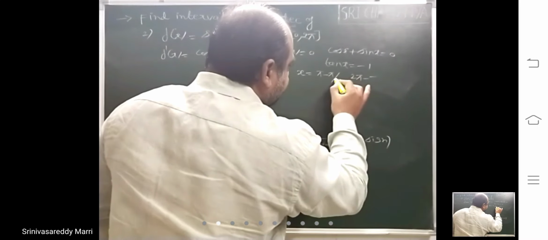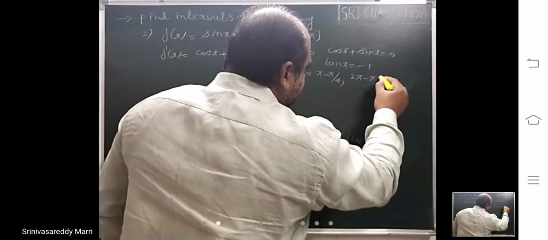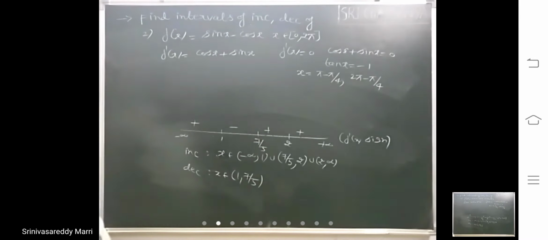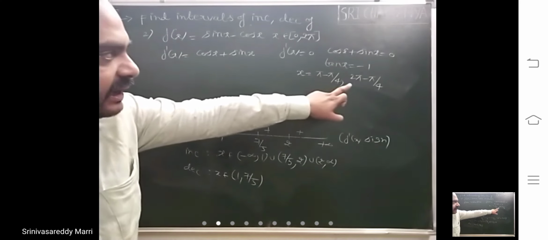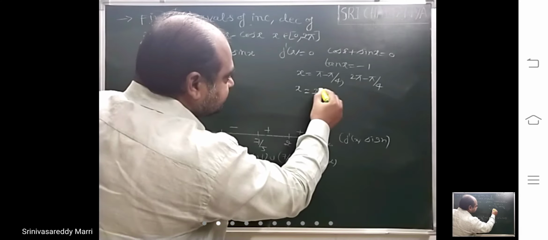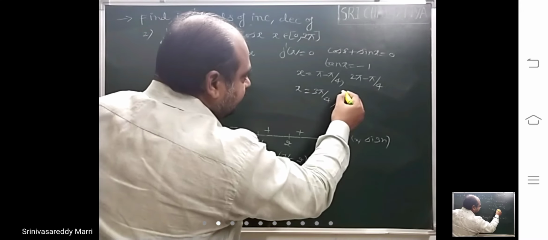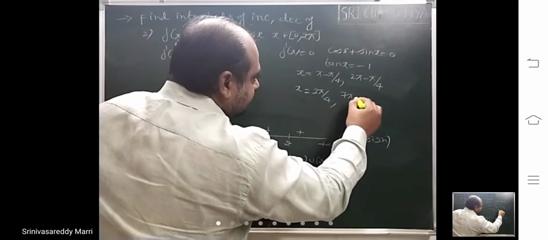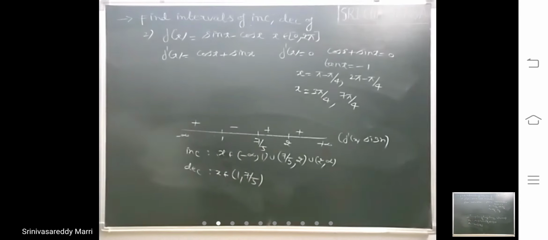Pi minus pi by 4 is one angle. 2 pi minus pi by 4, fourth quadrant. In second quadrant and fourth quadrant, tan x will be negative. That means x is nothing but here 3 pi by 4 comma 7 pi by 4.